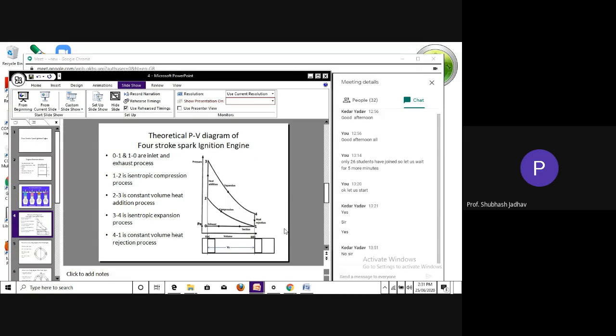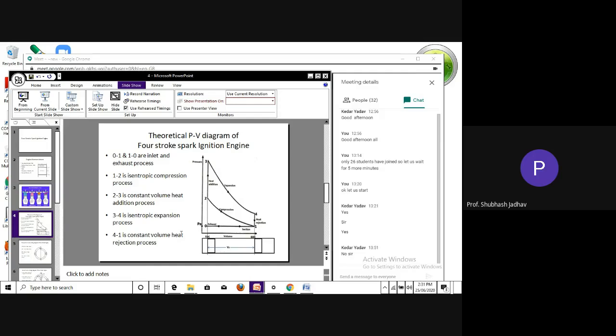So the fluid is coming in and going out every cycle. But thermodynamically, we assume that fluid is not crossing the boundary, but it has to cross the boundary, and therefore 0 to 1 and 1 to 0 do not become part of the actual thermodynamic process when we assume it for analysis. So this becomes your theoretical Otto cycle 1, 2, 3, 4, 1, which is a closed cycle.